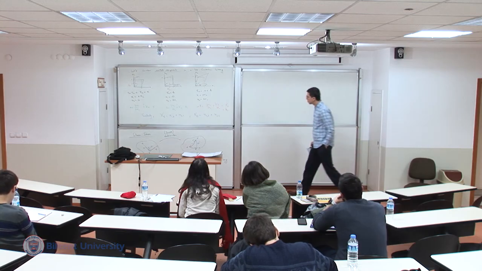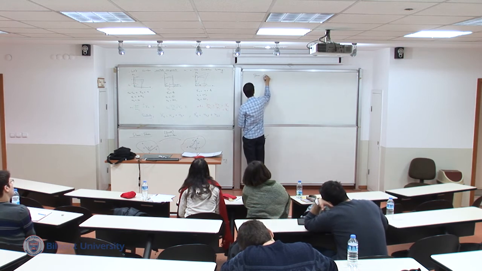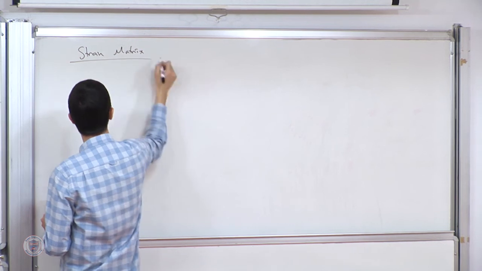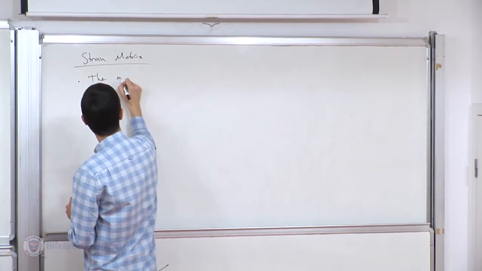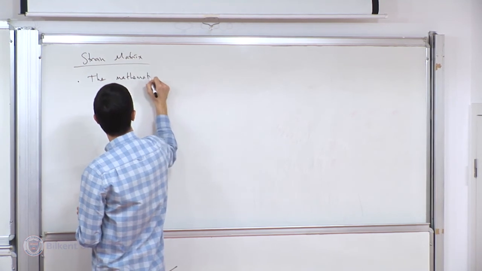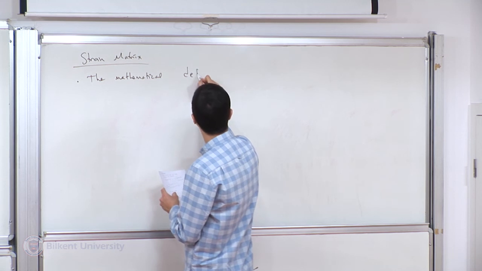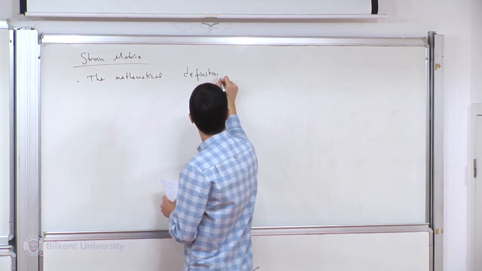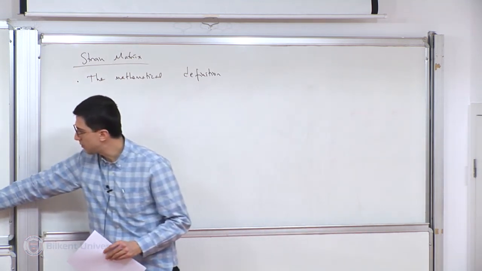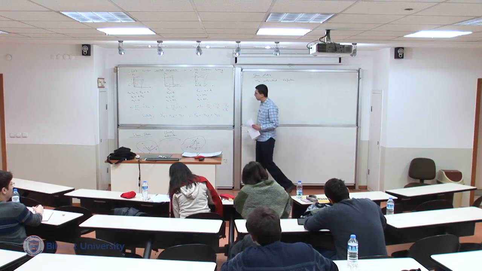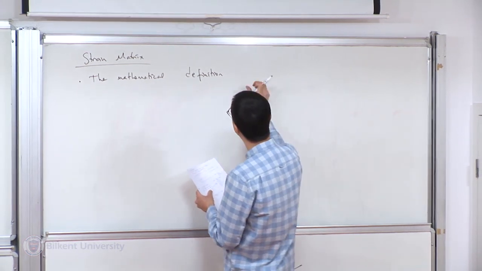Okay, so let us now define the strain matrix, because we've built the individual normal and shear components. So now the mathematical definition of the strain, particularly for the shear strain components, differs slightly from our conventional choice.